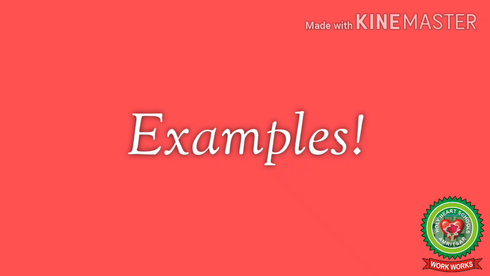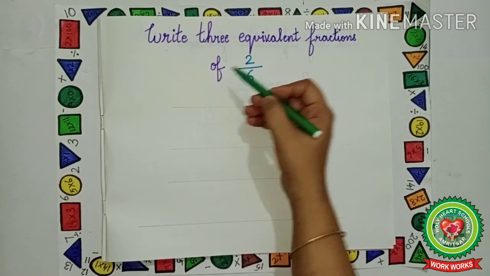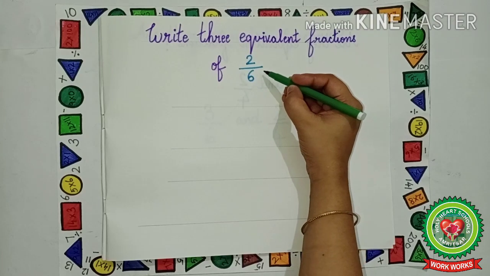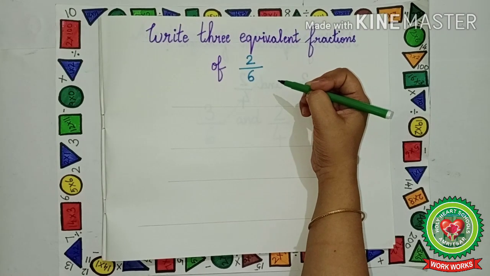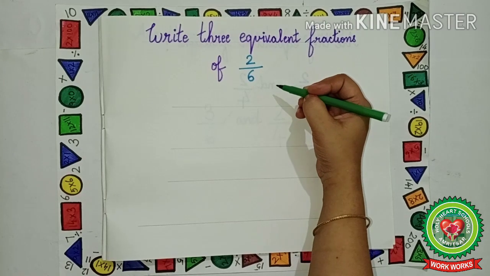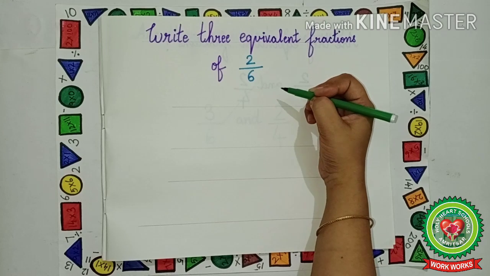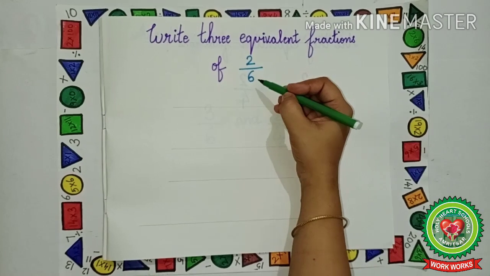Now let us solve some more examples. Write 3 equivalent fractions of 2 upon 6. So, we will multiply 2 upon 6 by 2 upon 2 first, then 3 upon 3, and then we will multiply it with 4 upon 4 to get the 3 equivalent fractions of 2 upon 6.